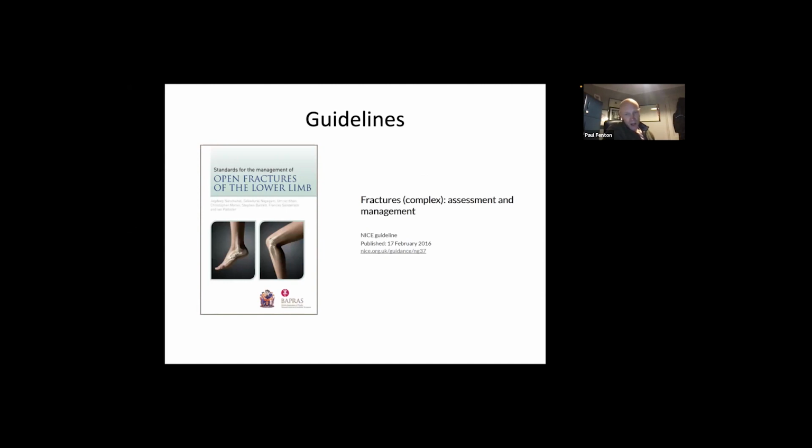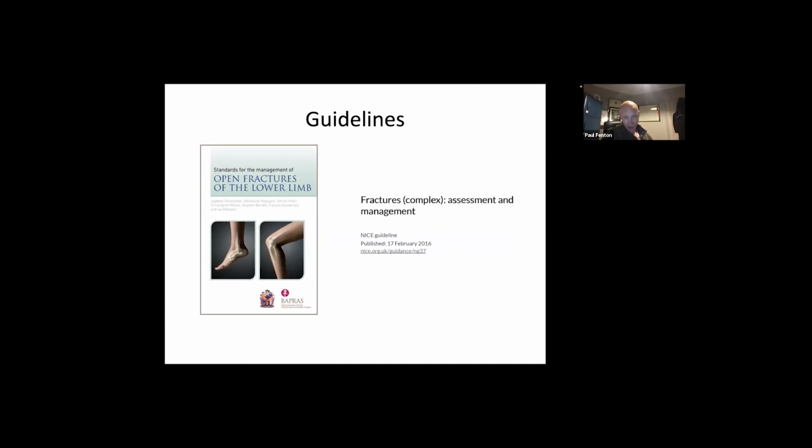In the UK, we've got a number of guidelines to help guide our treatment, which cover everything from how to set up a service, the initial management pre-hospital, initial management in the emergency department, then the stages of surgery and the follow-up.